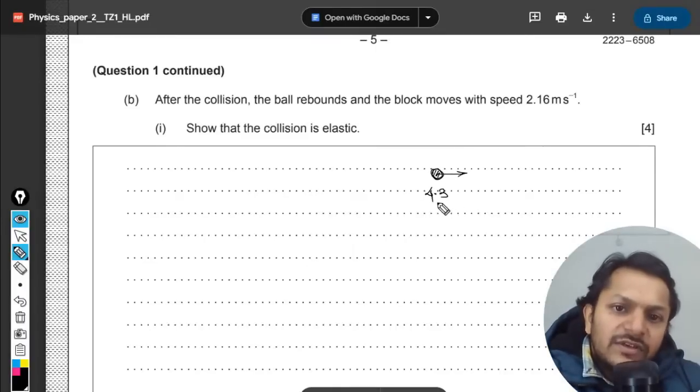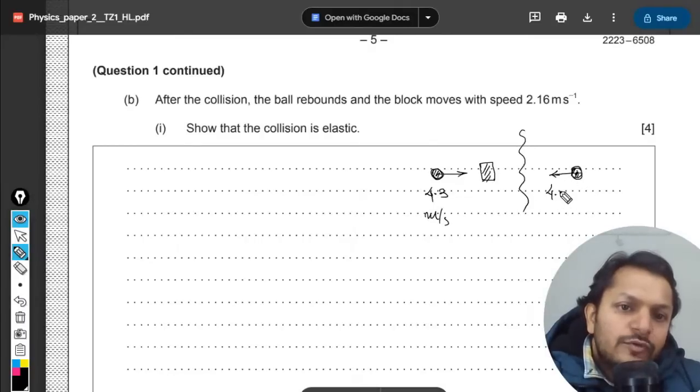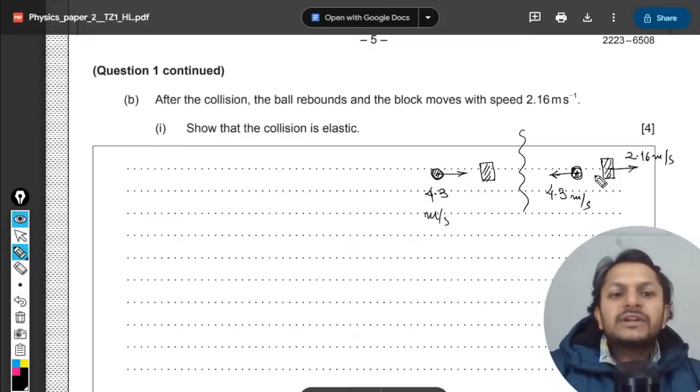It is moving with the velocity 4.3 meter per second, but the block is not moving. After the collision, the ball rebounds. Rebound means that it is moving with the same velocity, but the block is now moving with a velocity of 2.16 meter per second.